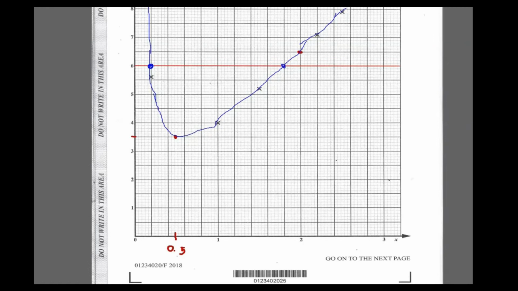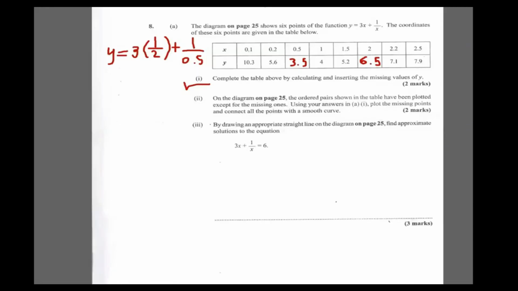So the solutions are x equals 0.2 and x equals 1.8 from the graph. All we did was draw the line y equals 6 and equate it to the curve 3x plus 1 over x. Where the curve meets the line y equals 6, that's the point of intersection that gives us the solution, the x values.